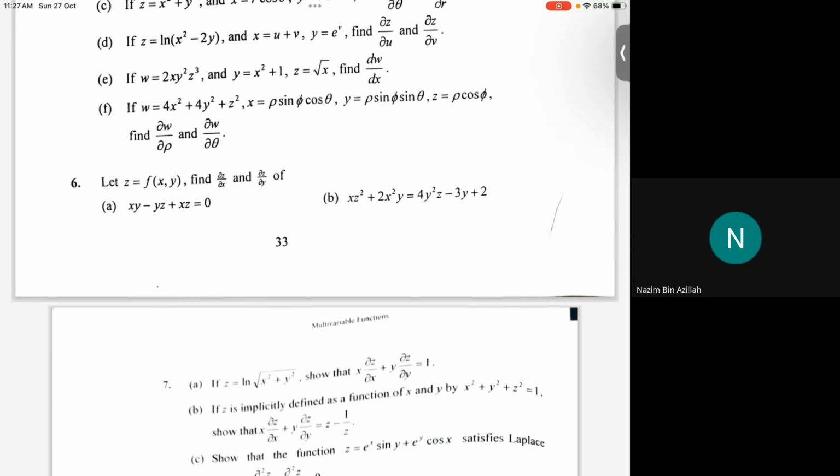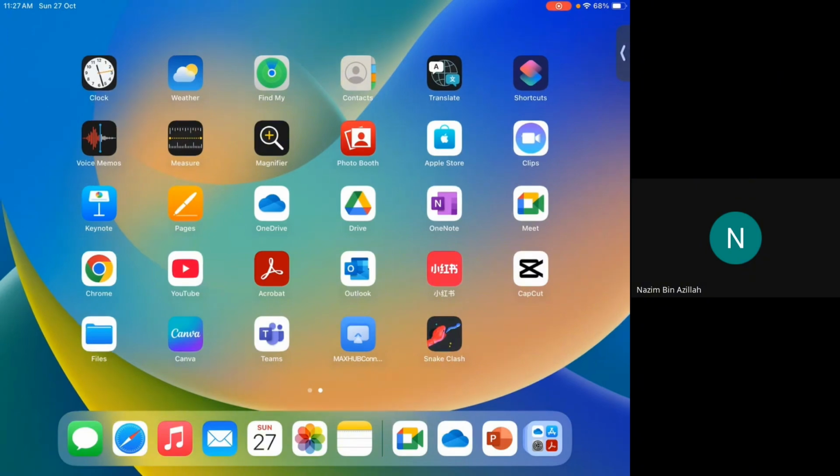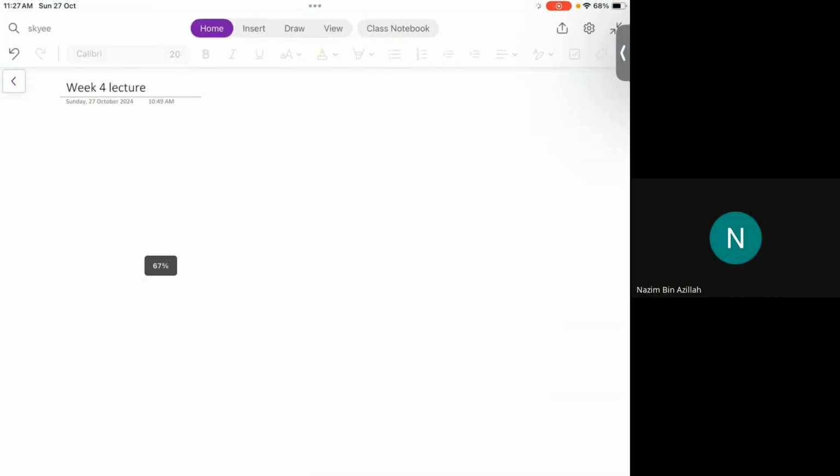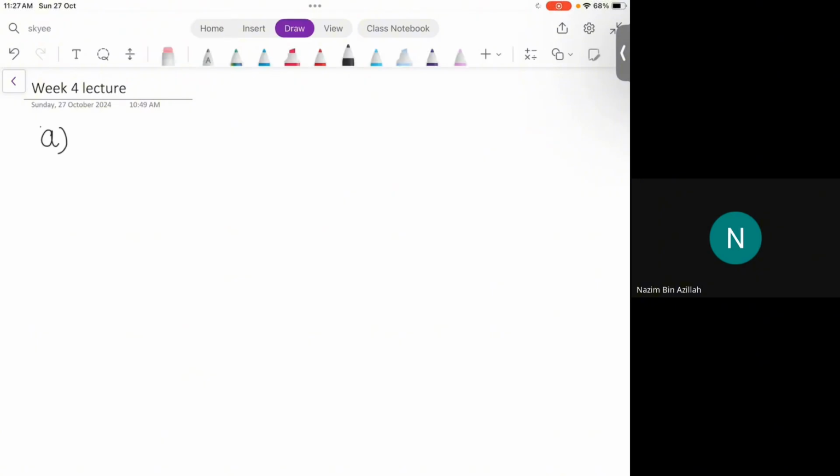Okay, we try question number 6. So it is given that xy minus yz plus xz equals 0.